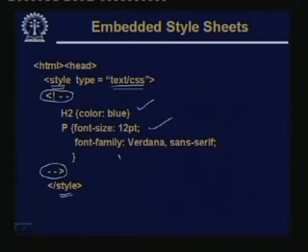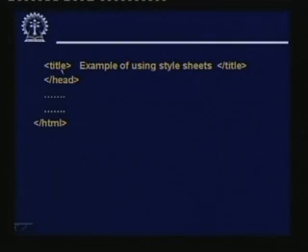The advantage of this style of definition is that all the definitions you can put in one place. Not only in one place, you can even store it in some other file. You can import that file from a main HTML file. Okay. So, after this, when you have the main file, you can use those H2, those P, these tags as part of your document.